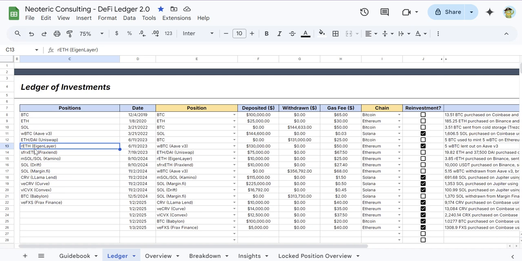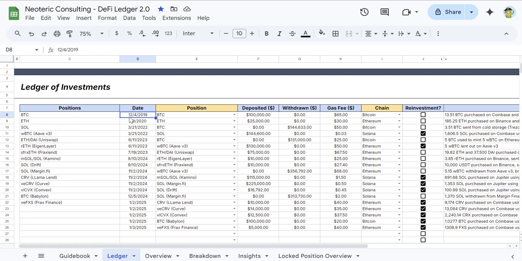This is written about a little more in the guidebook, why you don't mess with slashes in this column, but the short answer is that there's a lot of complex logic in this spreadsheet, and a slash is construed by the spreadsheet as an LP position. So anything except for an LP position with a slash sort of becomes an LP position even when it's not. So just be careful with slashes. Only have slashes for LP positions like here. But apart from that, naming conventions are up to you.